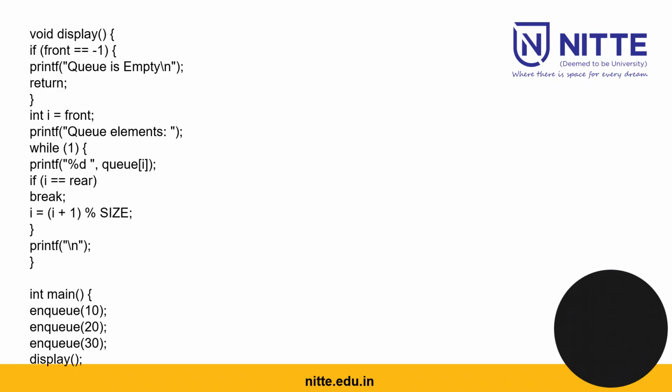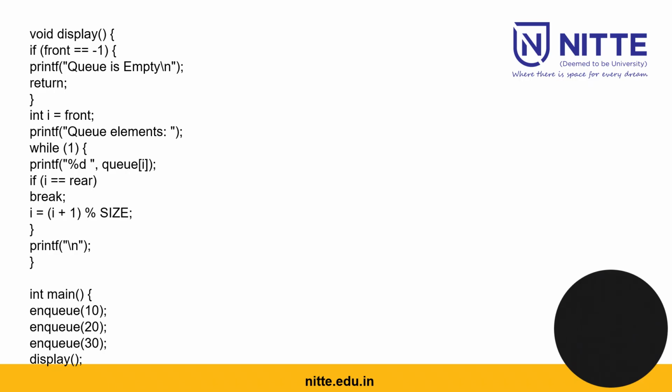Now we see the display operation. If front is equals to minus 1 means what? Q is empty. Else I will make I point to what? Front. Why will I make I equals to front? Because the front element will be displayed first, yes or not? So that is why we write the front element as I. Print Q elements while 1.